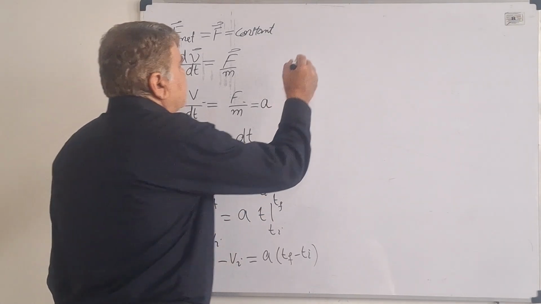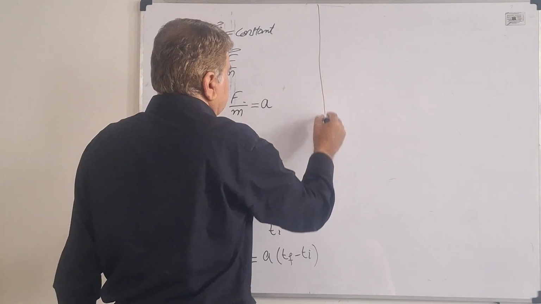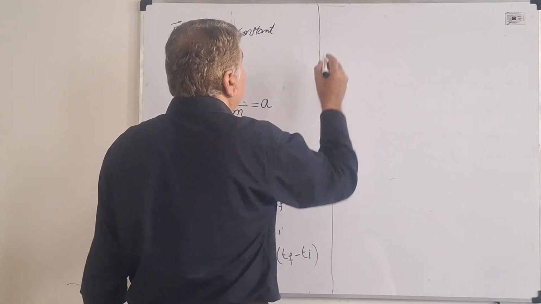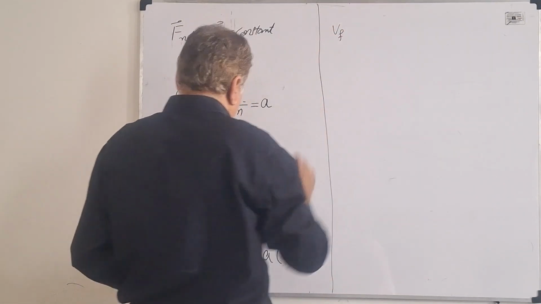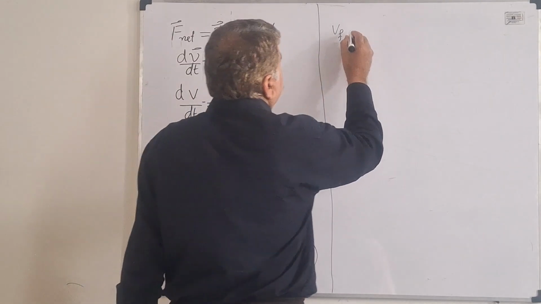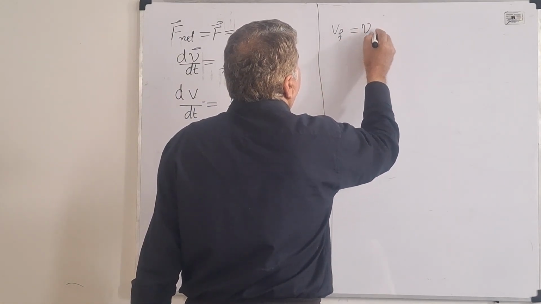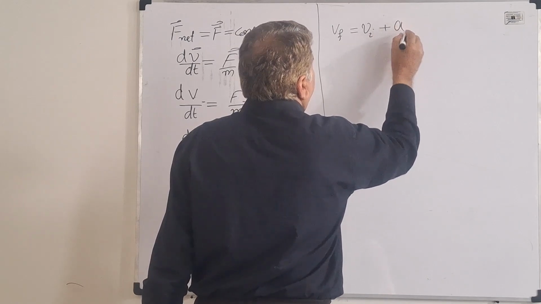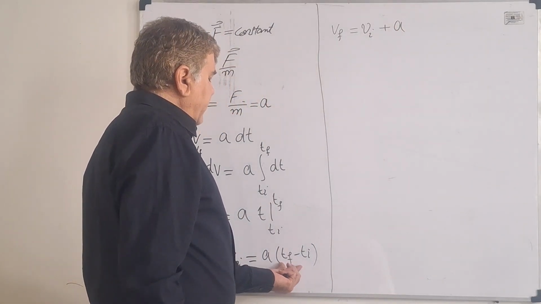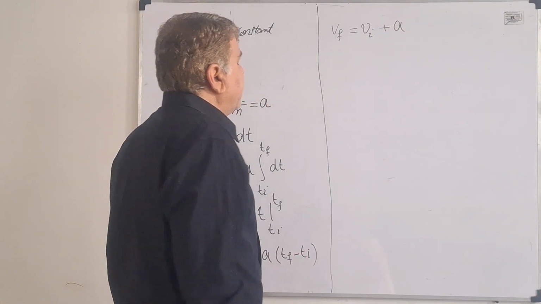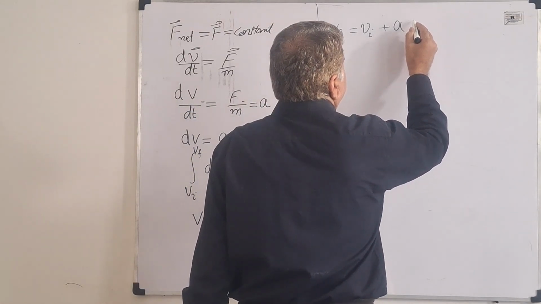Or I can rewrite this in the form, let me write this on this half of the board, vf equals vi plus a, taking vi to this side, and this duration from ti to tf I'm writing as t.